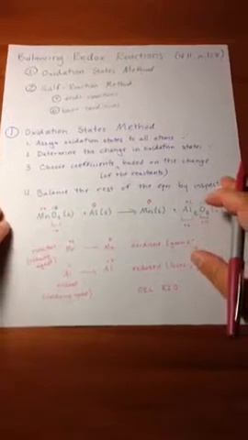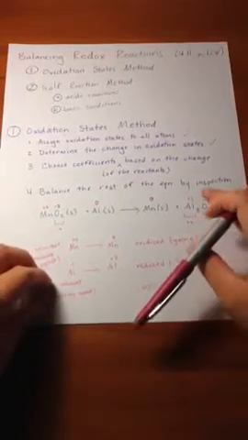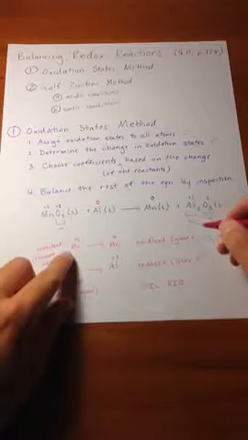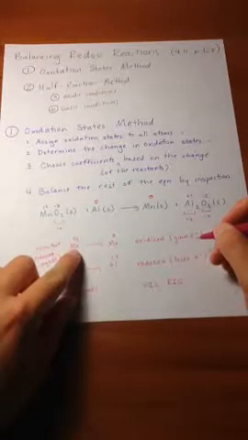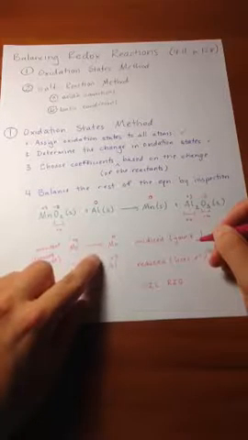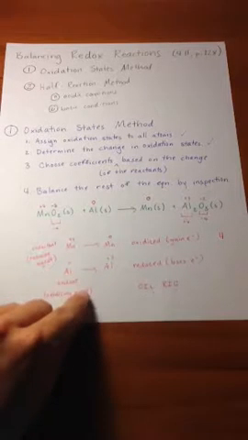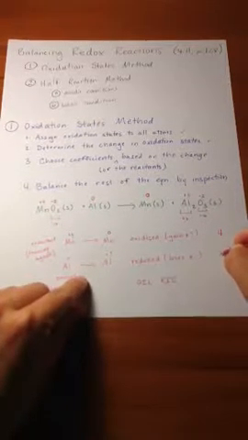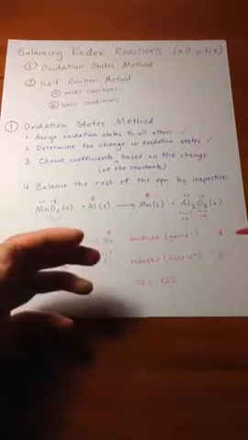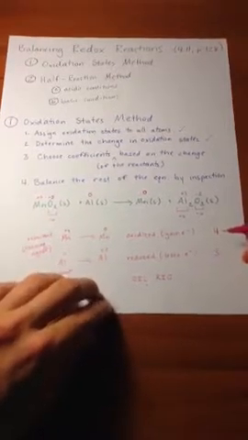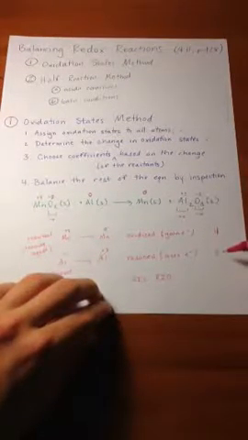Okay, so now to step 3, choosing our coefficients. So basically, we've seen that manganese, right here, has decreased by 4, while aluminum has increased by 3. So now what we're after is to find the least common multiple of 4 and 3.